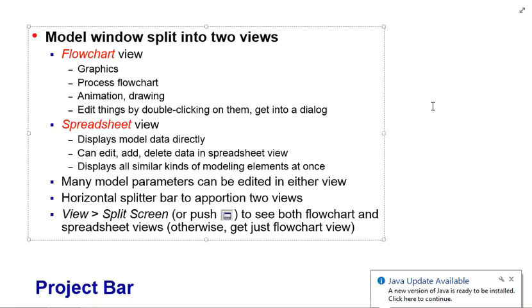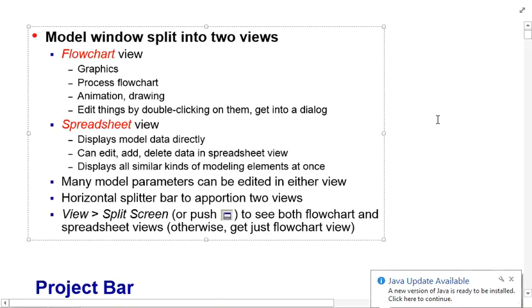But again, you can do it in either place, and it writes to the same database, so you're getting to the same endpoint. Many things can be edited in either view, and with the horizontal splitter bar, you can change the size of those two views relative to each other.